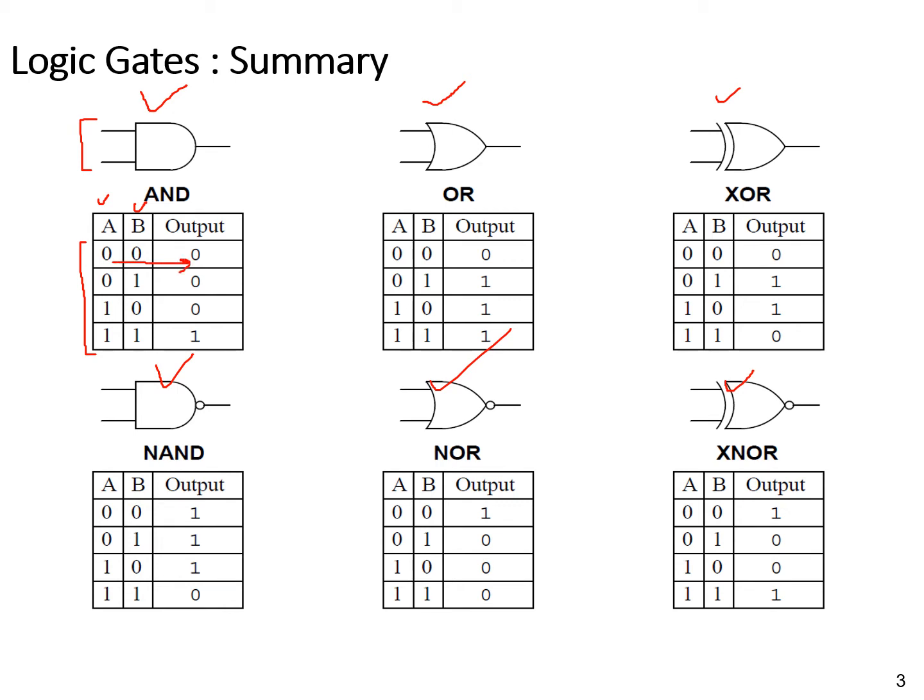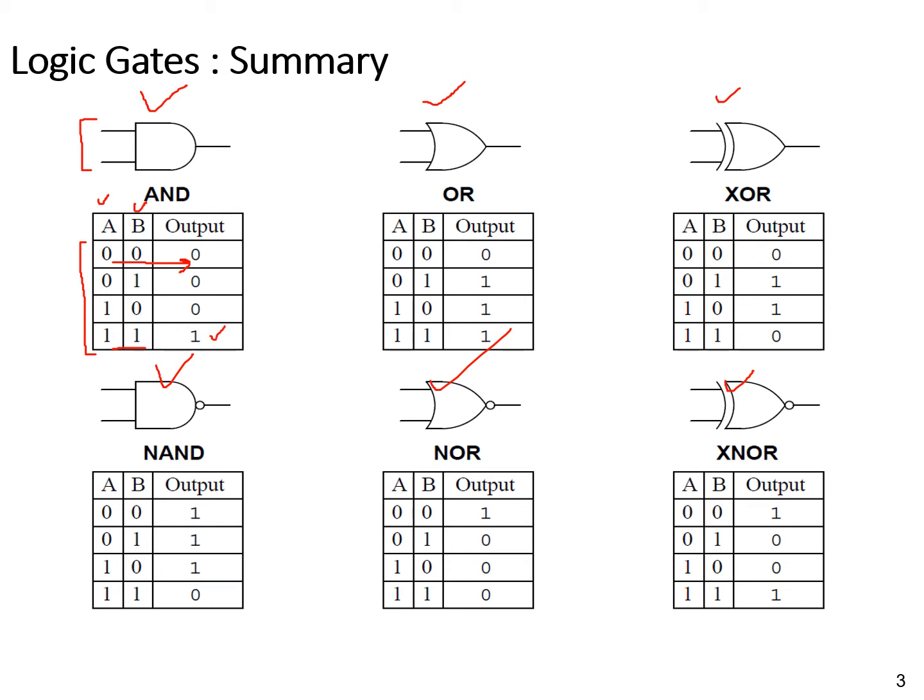If you give 0 0, it will produce 0. If you give 0 1, it will produce 1. If you give 1 0, it will produce 0. And finally, if we give 1 1, it will produce 1.